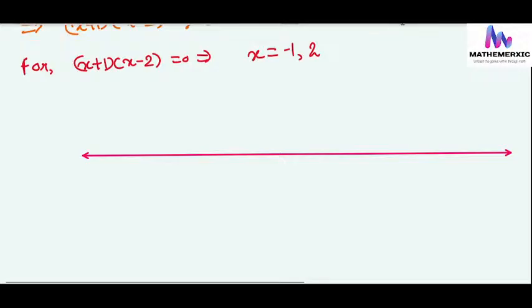On the number line, we'll mark the points minus 1 and 2. And now we will try to work on them. That is, we will see now the conditions.